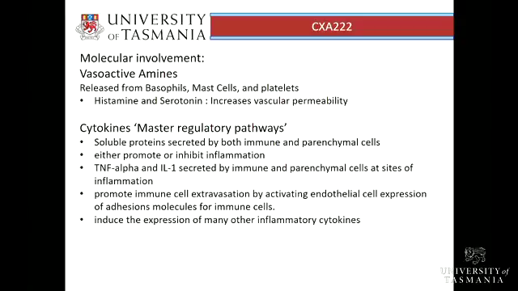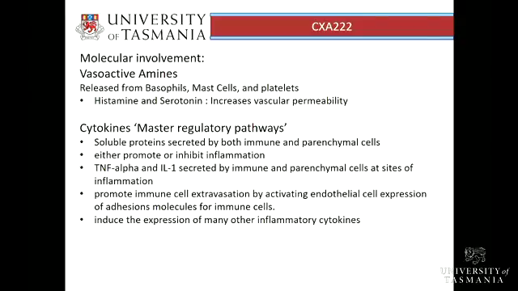Our cytokines are our master regulatory pathway molecules essentially, and as I said, they're soluble proteins secreted both by immune cells and parenchymal cells. So this is important, particularly in the liver, and we'll look at liver fibrosis in the next set of lectures that we do. And yeah, hepatocytes and satellite hepatic cells in the parenchyma actually can secrete these cytokines as well.